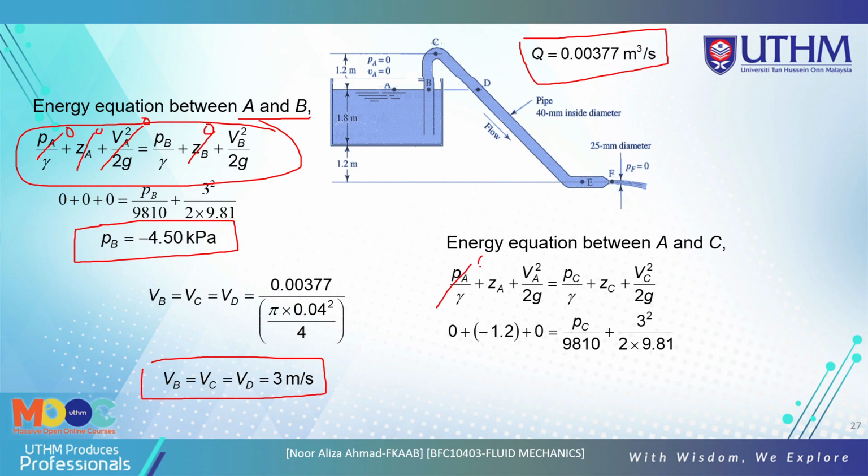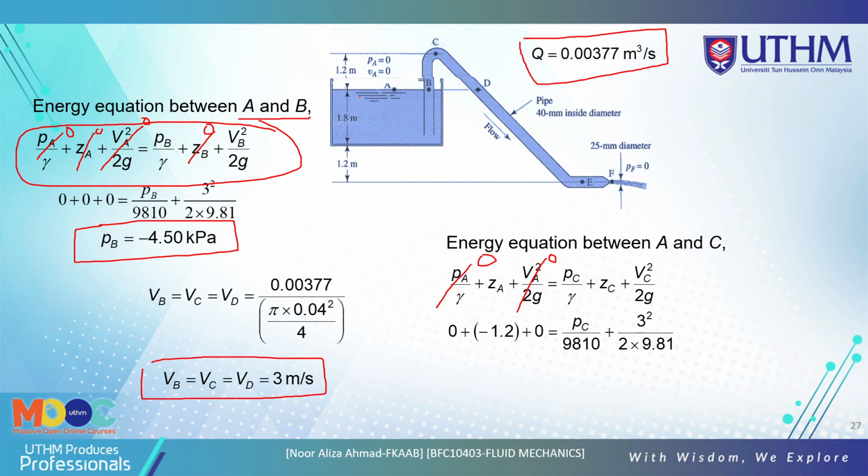ZA is 0 at the datum, and ZC is 1.2, so ZA minus ZC gives negative 1.2.